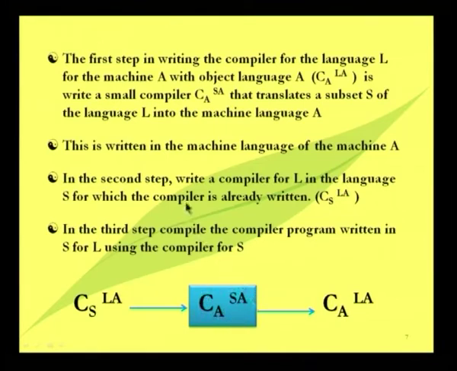Now, we can go for the second step. We are writing a compiler for L in the language S, because S is a language for which the compiler already exists. We call it CLAS.